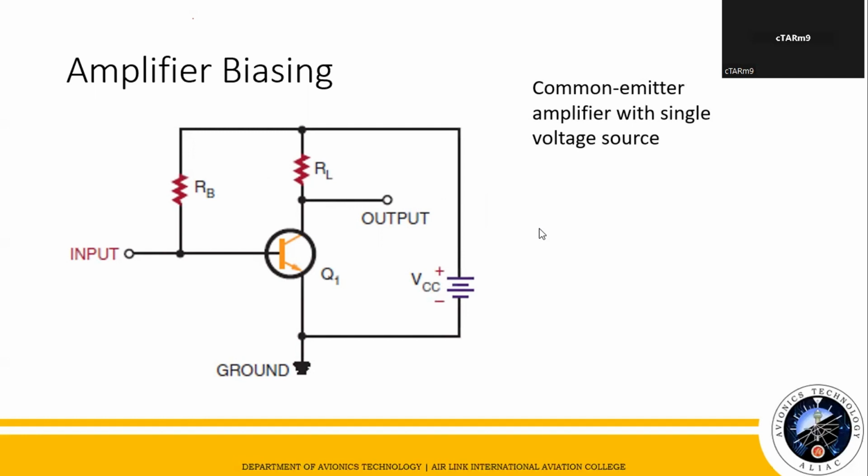The common emitter amplifier uses a single voltage source. The collector current is IC. This shows the common emitter transistor amplifier with a single voltage source.